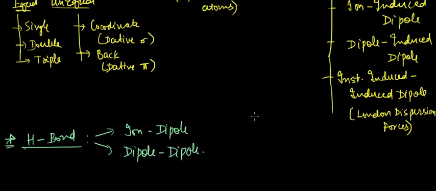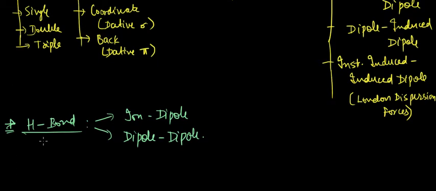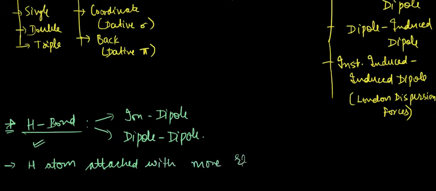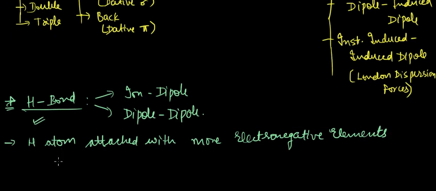Hydrogen bonding generally occurs due to the H atom being attached with more electronegative elements such as fluorine, oxygen, nitrogen, and sometimes chlorine as well.